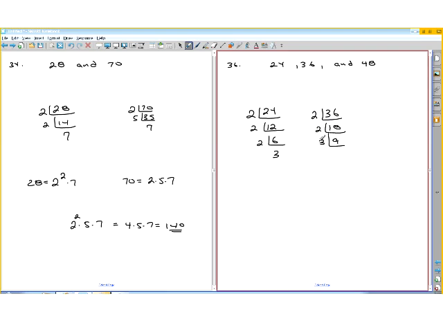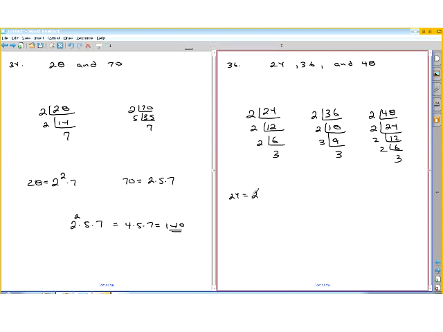Okay, it's odd now, so let's try 3. 9 divided by 3 is 3. Okay, we're done. 48 divided by 2 is 24. So we just got basically that part again. Okay, so now let's write the prime factors.